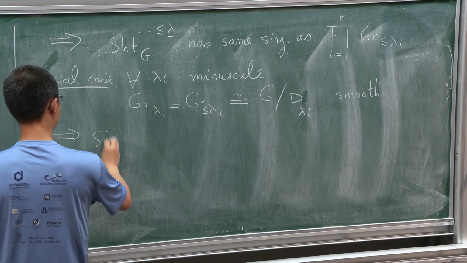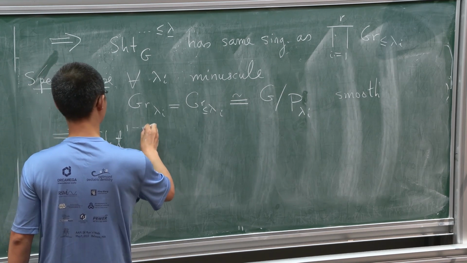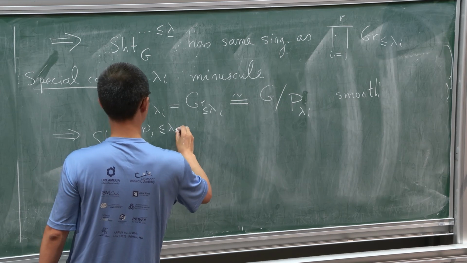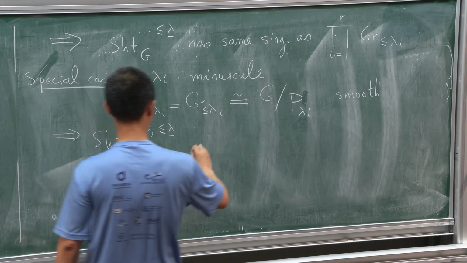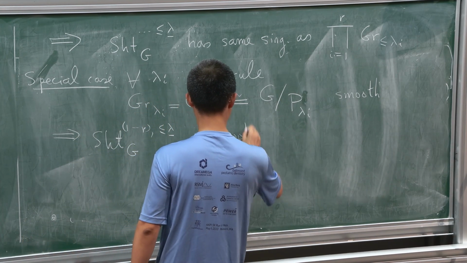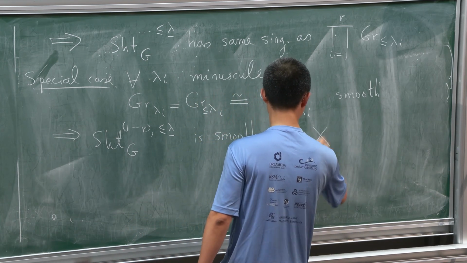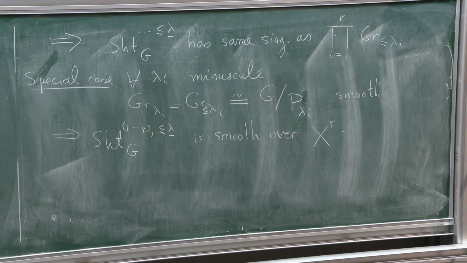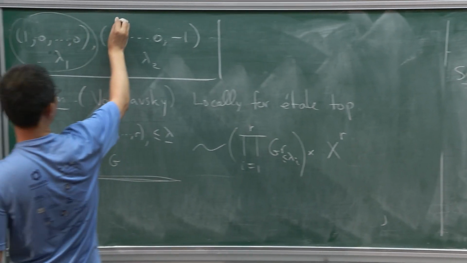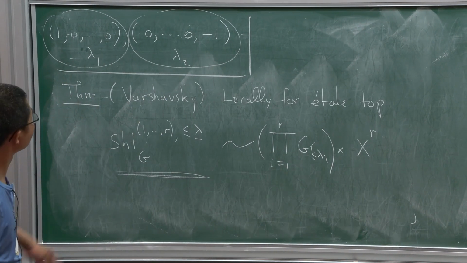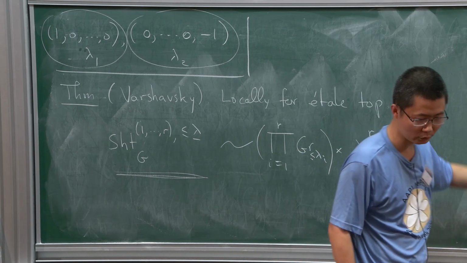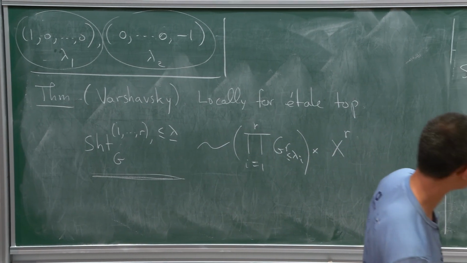And in this case, we conclude that the Shtuka moduli space is also smooth over X to the r, of the dimension specified above. So in particular, in the Drinfeld example, these two are both minuscule, and it implies the Drinfeld Shtuka moduli space is smooth.